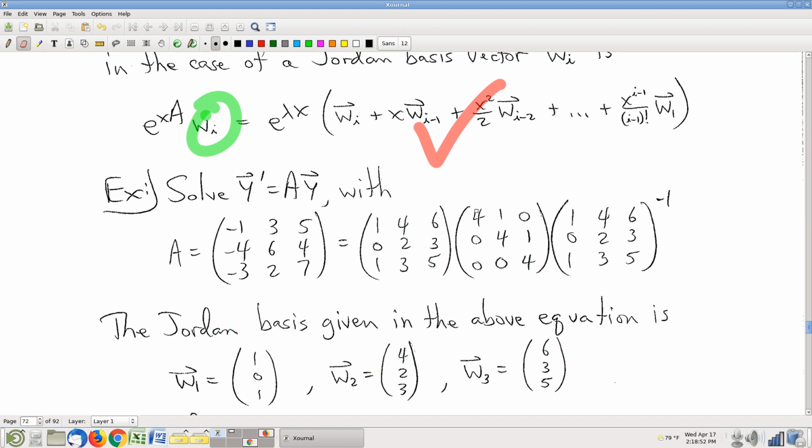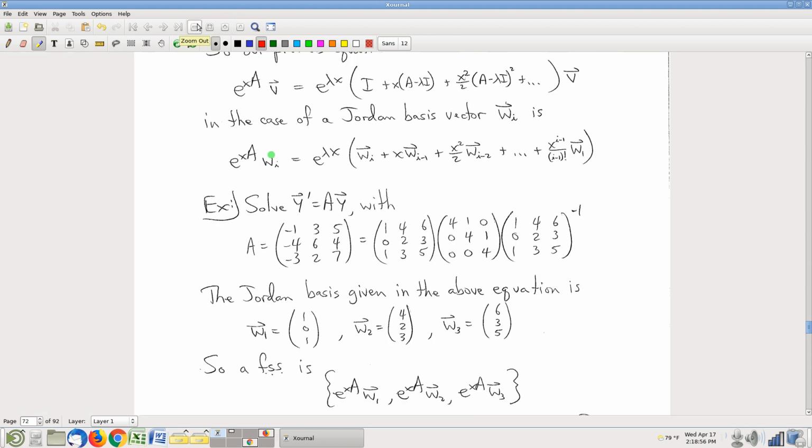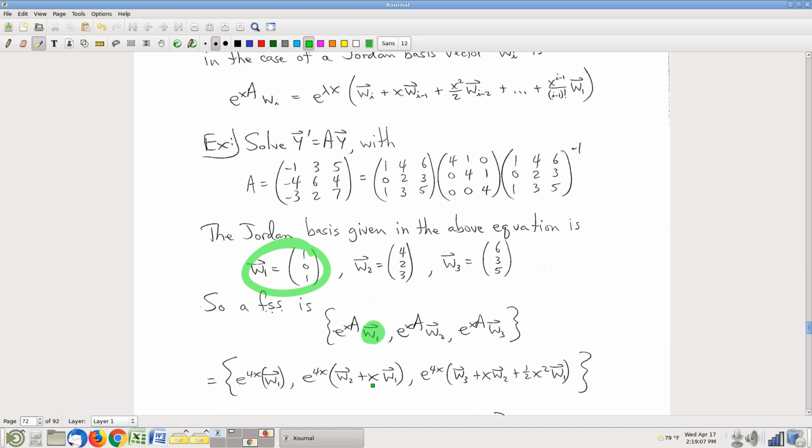We'll take these one at a time. I'm going to have to zoom out. Okay, one at a time. Let's start with this first Jordan basis vector, W1. That first Jordan basis vector, W1, I'm going to plug that in here, right? If that's W1, then that's W1.